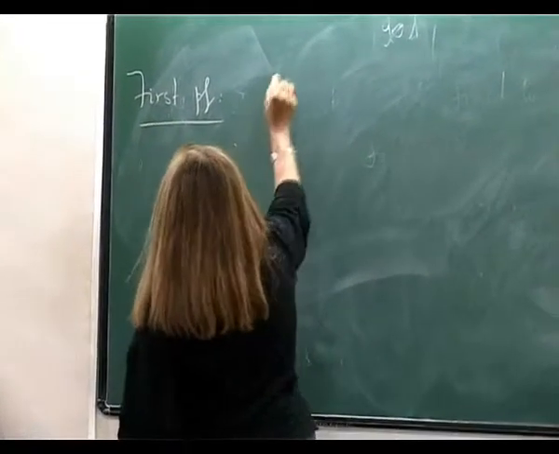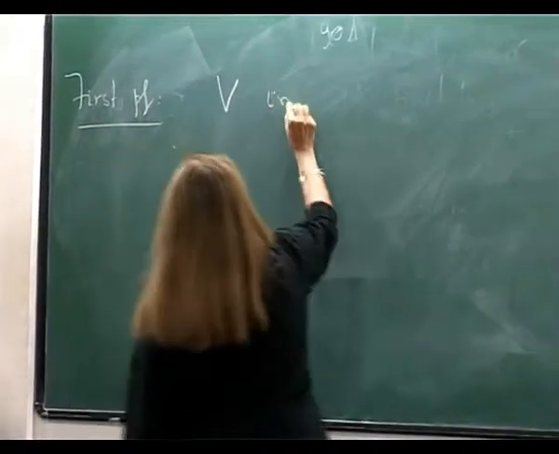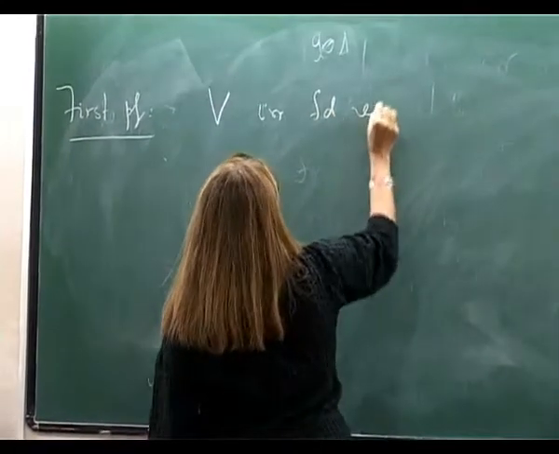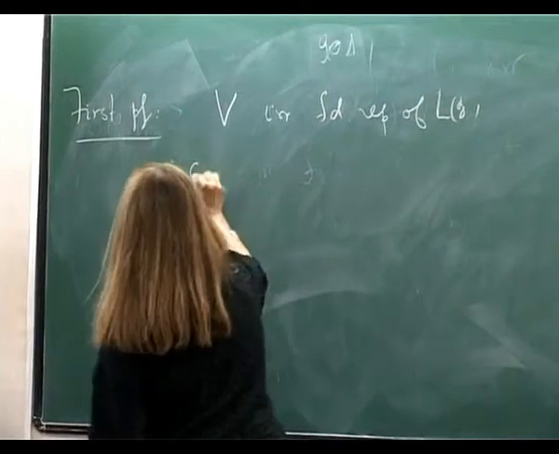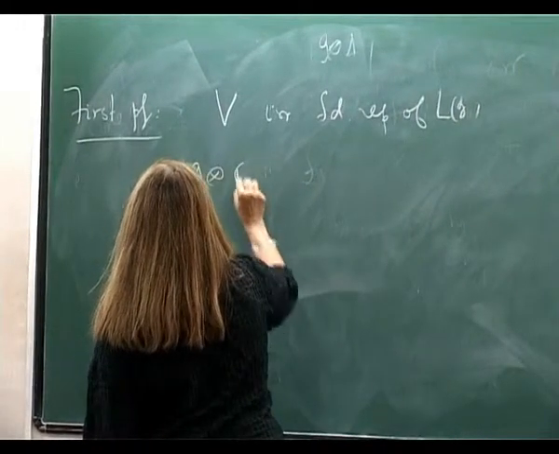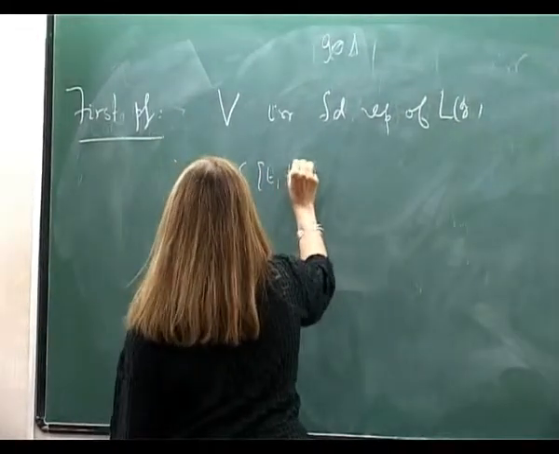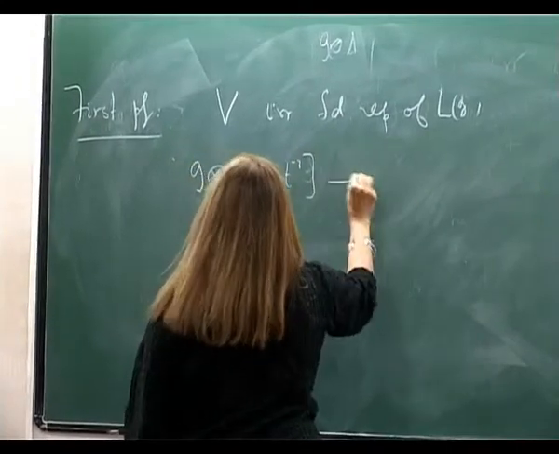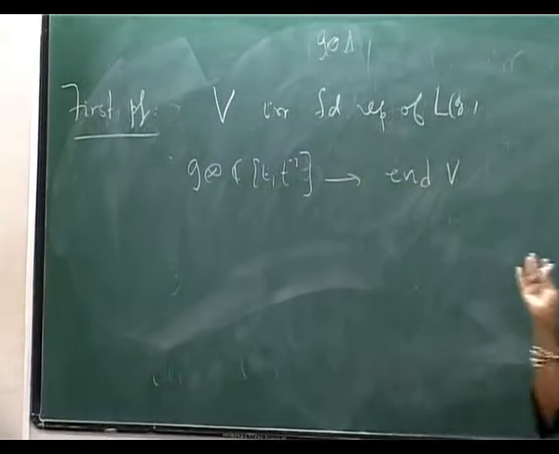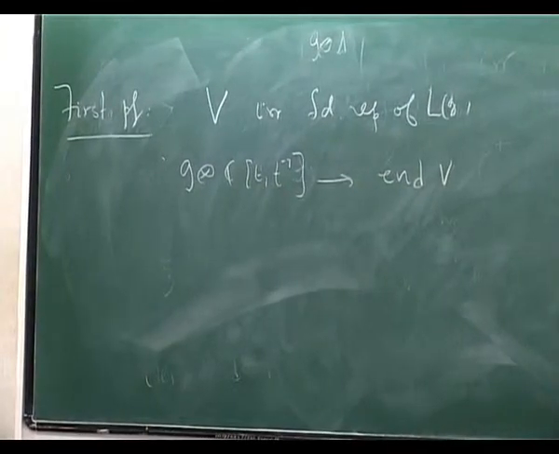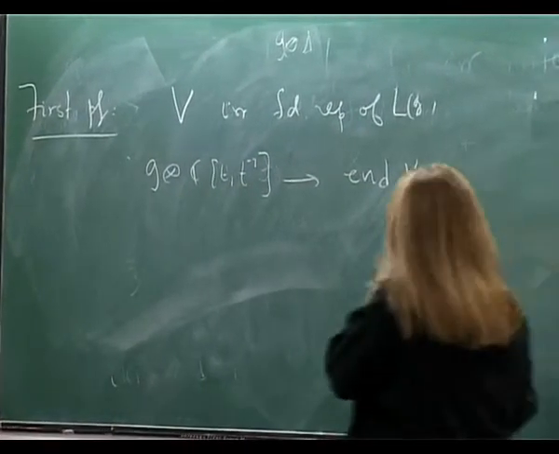Supposing we're given V, an irreducible finite dimensional representation of LG. So what do we have? We have a map from G tensor C[t, t inverse] to endomorphisms of V. This is what you mean by saying that you have a representation of your loop algebra.